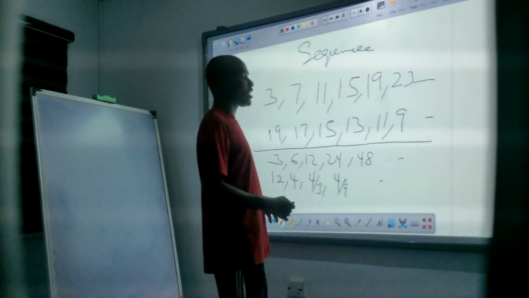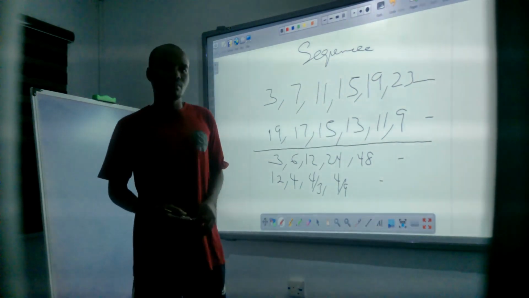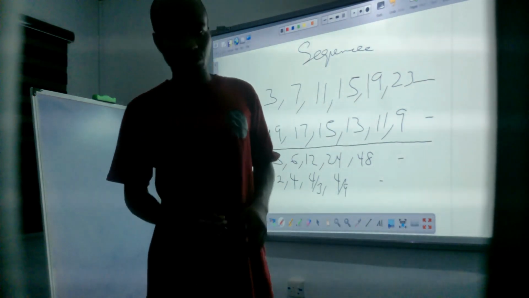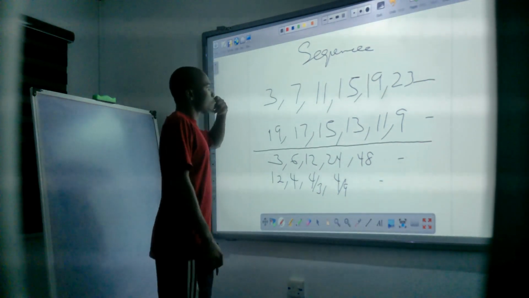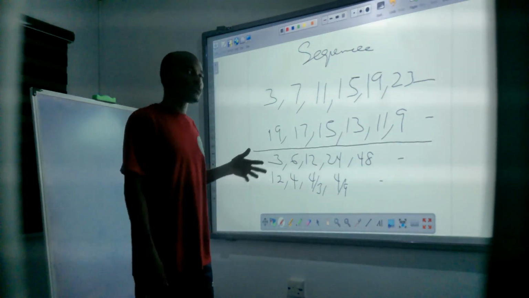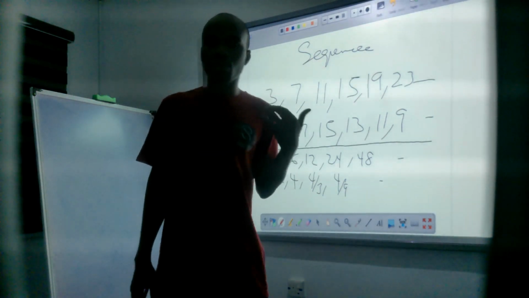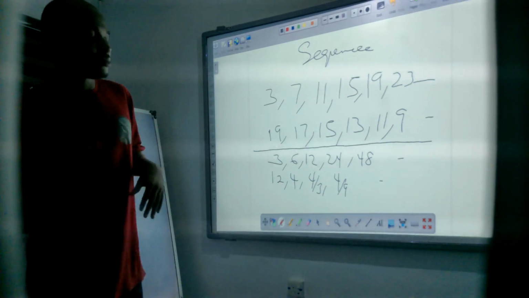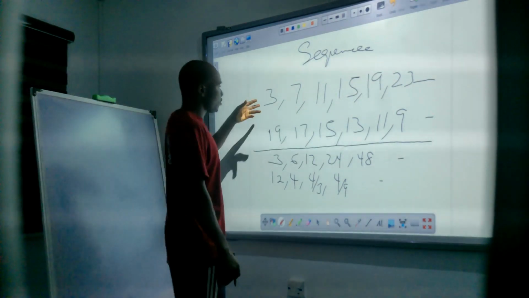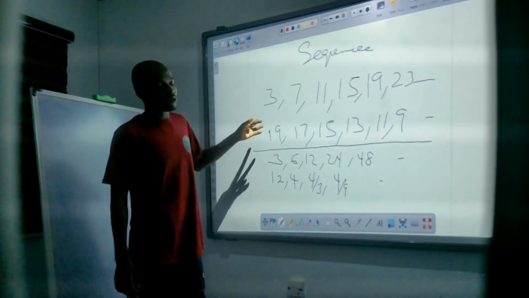Now, you see this set of sequences, the first 2 sets that I wrote, they are called AP. AP means arithmetic progression. If you look at the first sequence, we add 4 to a previous term to get the next term.